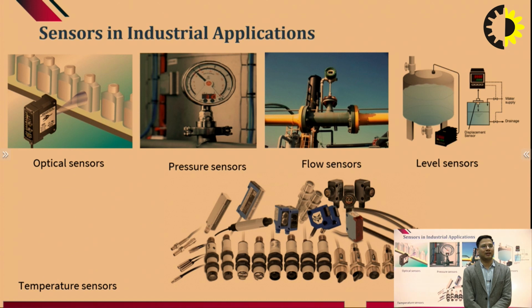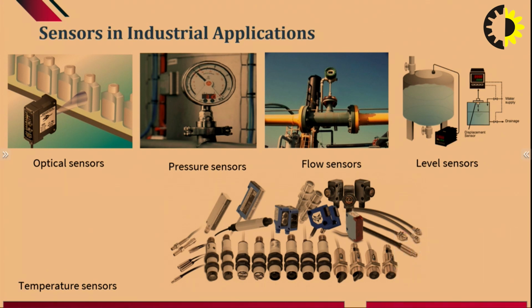If we are in any gas industry, measuring the pressure. If we are in any petroleum industry, then we are sensing the flow rate, or how much fluid has been passed to the customers, or the level of the fluid that has been stored in an overhead tank, which also comes into the categorization of sensor elements in an industrial application.